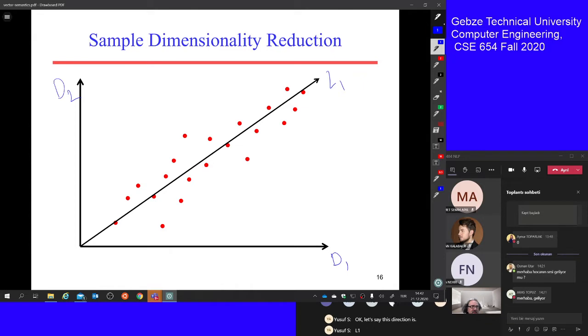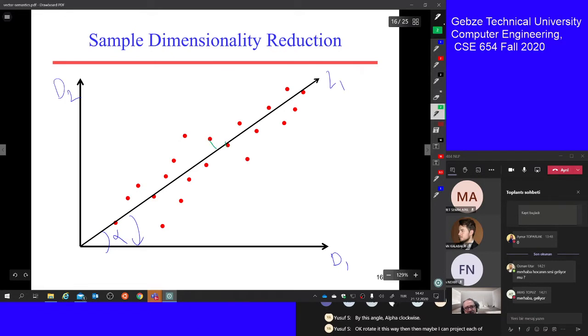If I rotate my world by this angle alpha clockwise, then maybe I can project each of those points to this line and ignore the second dimension.